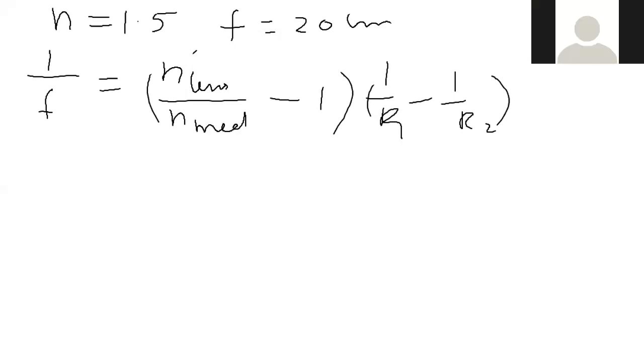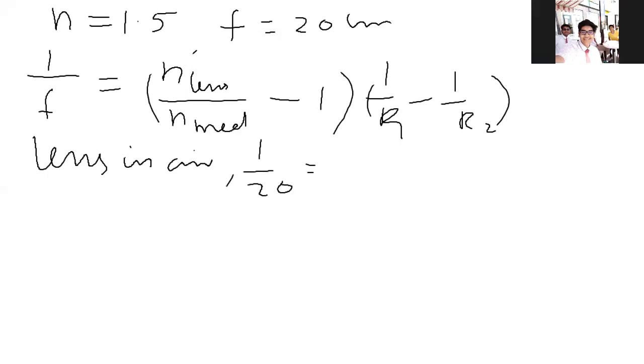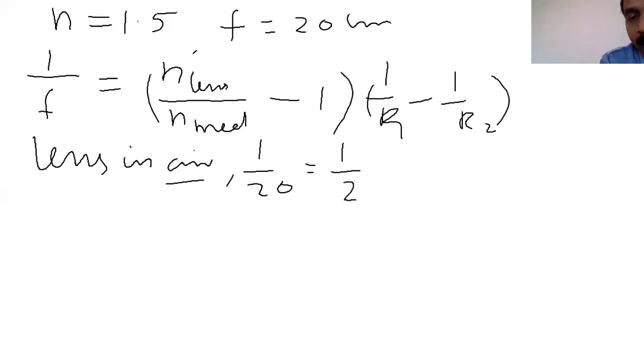Now the first case, the lens is in air. So 1 by 20 equal to 1.5 by 1 minus 1, which is 0.5, that is 1 by 2.